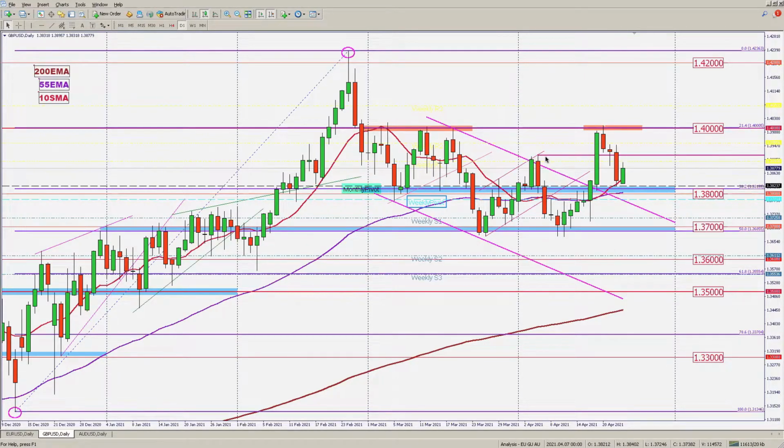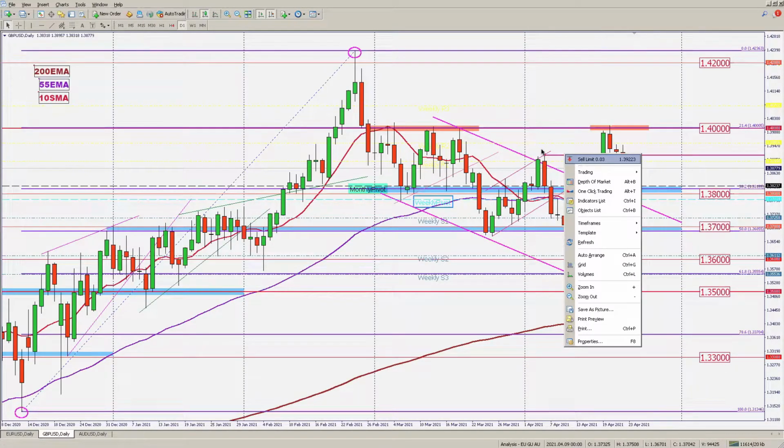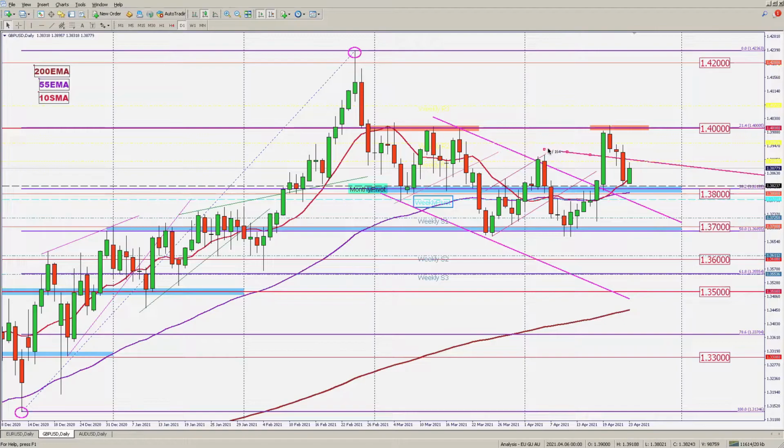And I think we can remove this swing high here because it's already cleared that. And the 140 also aligns with the 21 fib here of this swing move up.